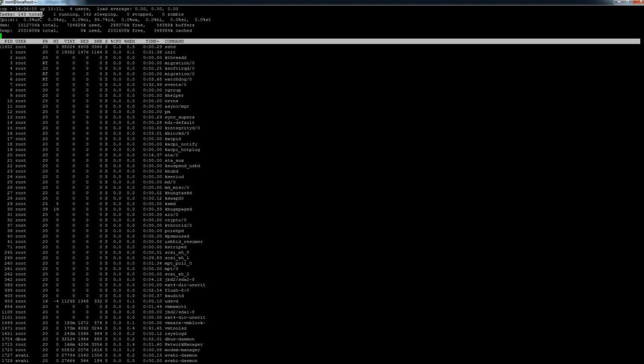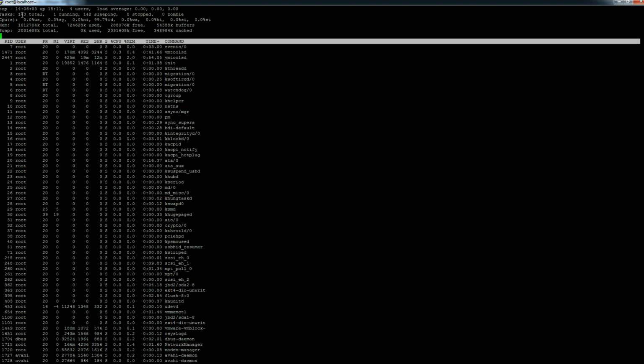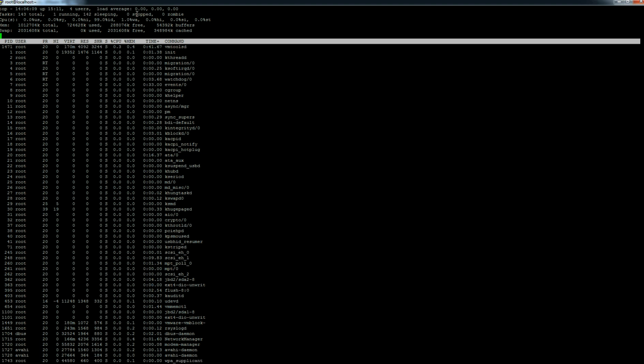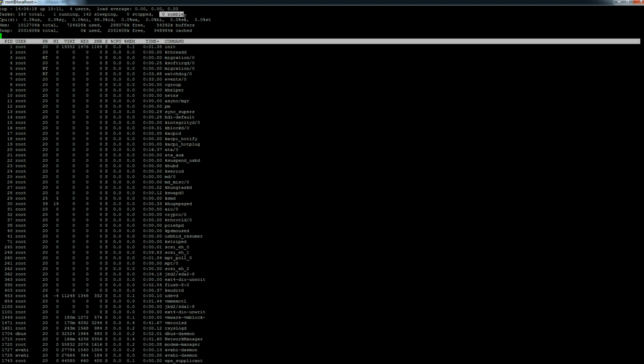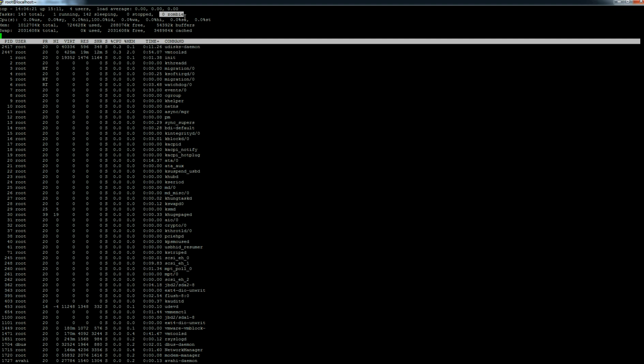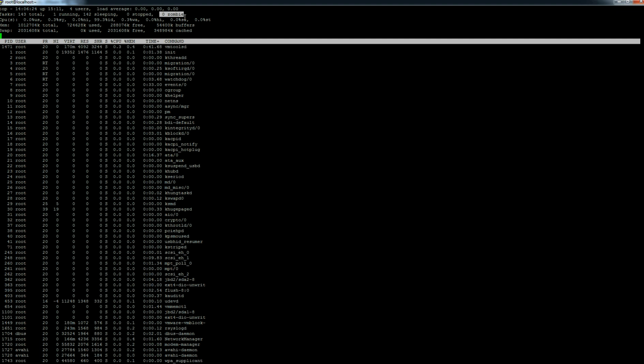The second line shows you the total tasks split between the running, the sleeping, the stopped, and the zombie. Now, I go into further detail on my site, but the ones you're really concerned about are the zombies. That means that the parent process was killed, and all the child processes under that can't be managed.